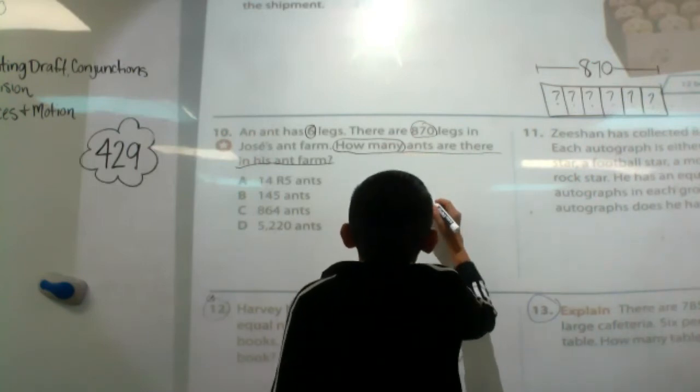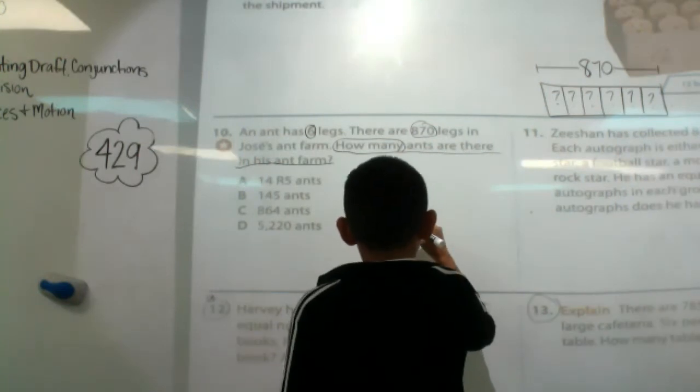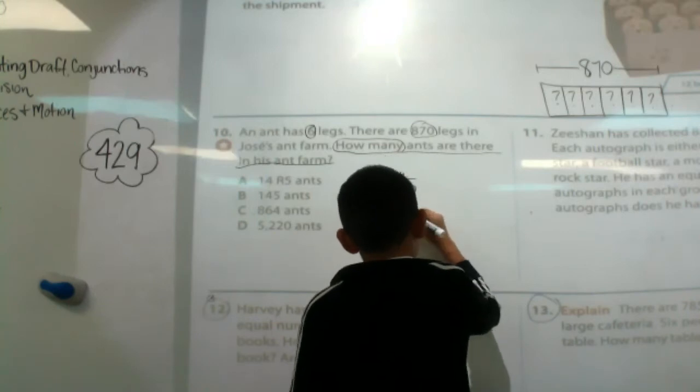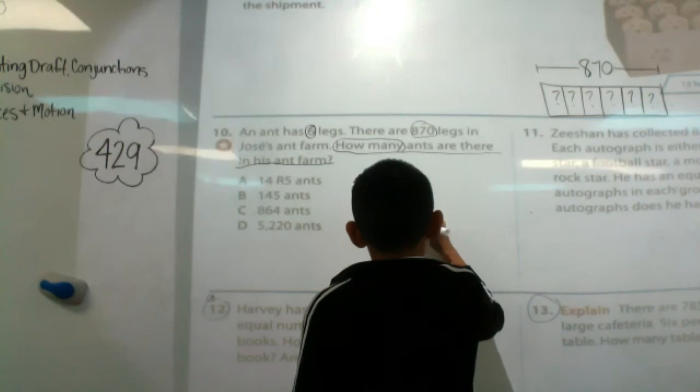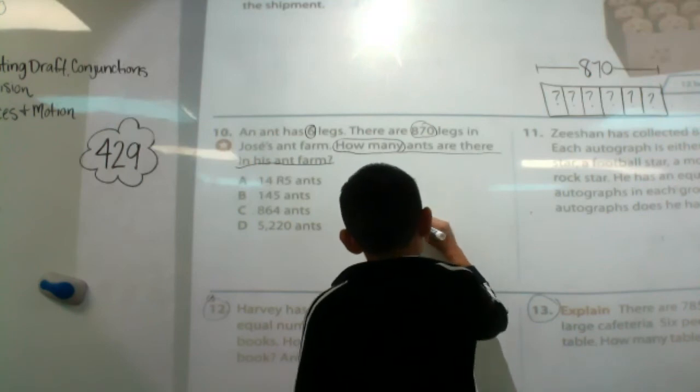Okay, so he says that 6 can go into 8 one time. 1 times 6 is 6. He subtracted and got 2, brought down the 7. 6 can go into 27 4 times. 4 times 6 is 24, and now he's going to subtract and get 3. Finish up.